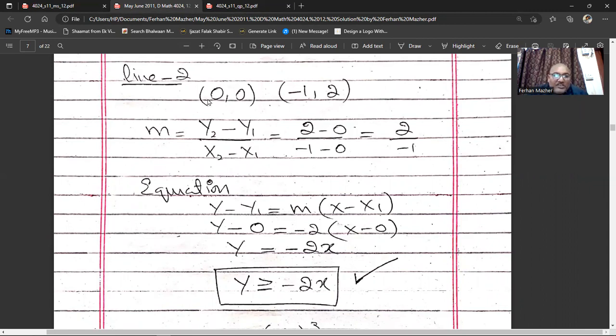So y minus 0 equals minus 2 bracket x minus 0, so y equals minus 2x. Because the area is above this line, y is greater than or equal to minus 2x.